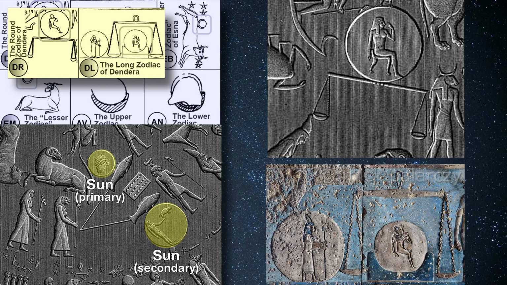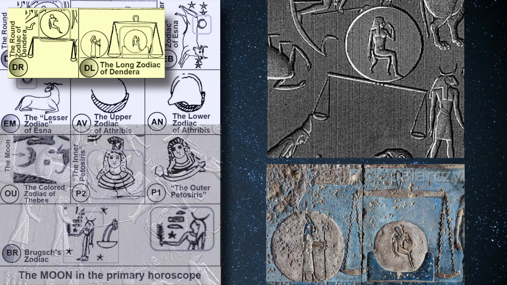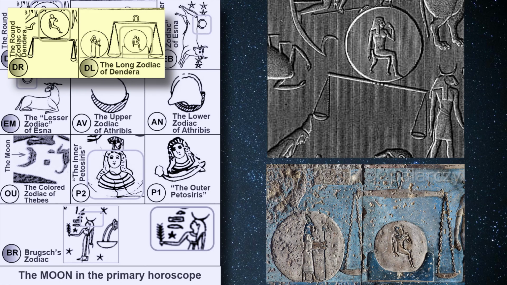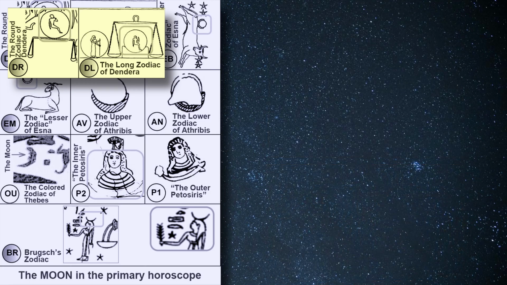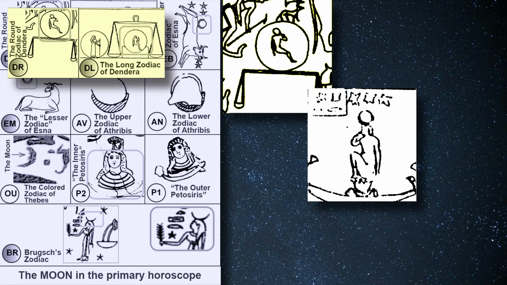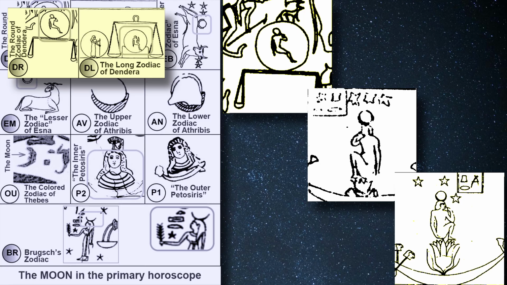Also, it is most odd that this alleged goddess of justice should be drawn naked, and with a finger in her mouth on top of that, as an infant, in other words. However, there is no known goddess of justice considered to be an infant in any mythology. A similar naked figure with a finger in its mouth can be seen on the long zodiac of Dendera, standing for the new moon this time, which is pointed out by Morozov himself.